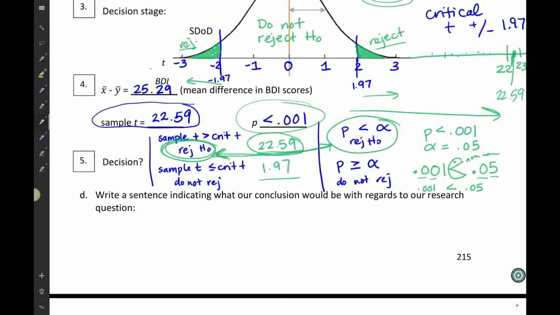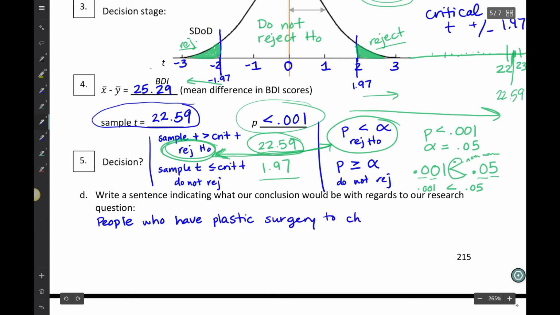I would say something along the lines of people who have plastic surgery to change their appearance are significantly... and why do I say significantly? Because I'm rejecting the null. That means it's significant.